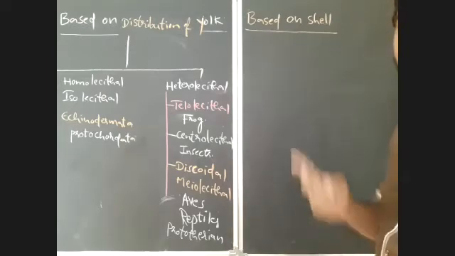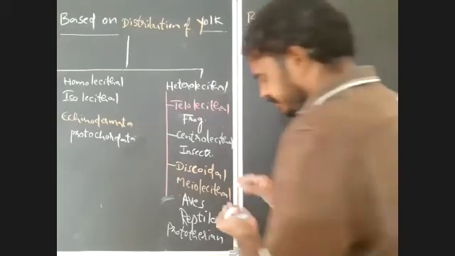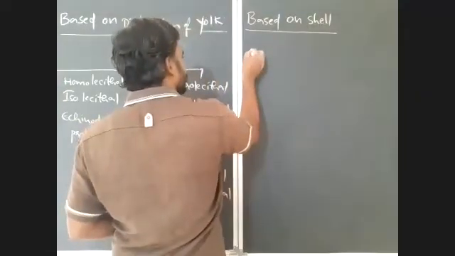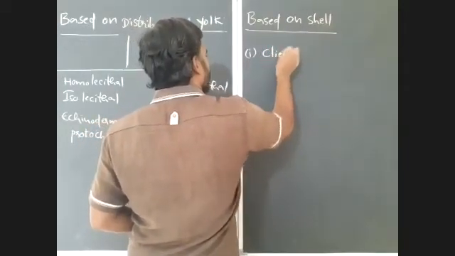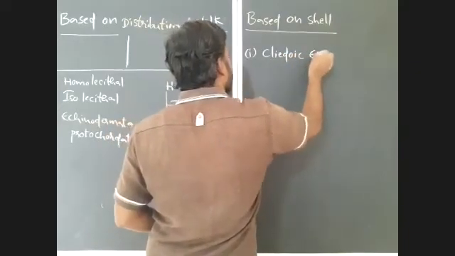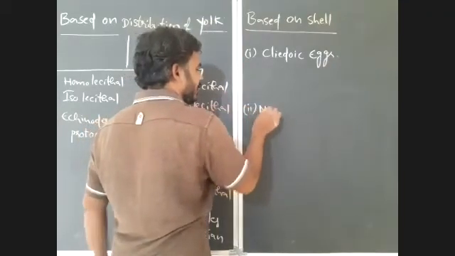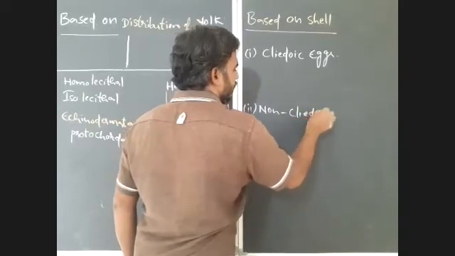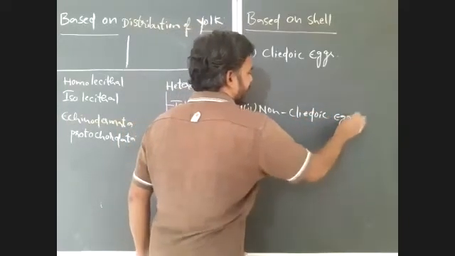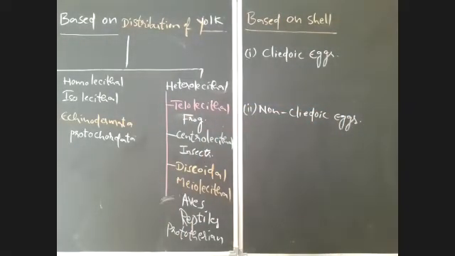There are two types of eggs. One is cleidoic eggs, and another one is non-cleidoic eggs. Cleidoic eggs and non-cleidoic eggs are the two types of eggs here.